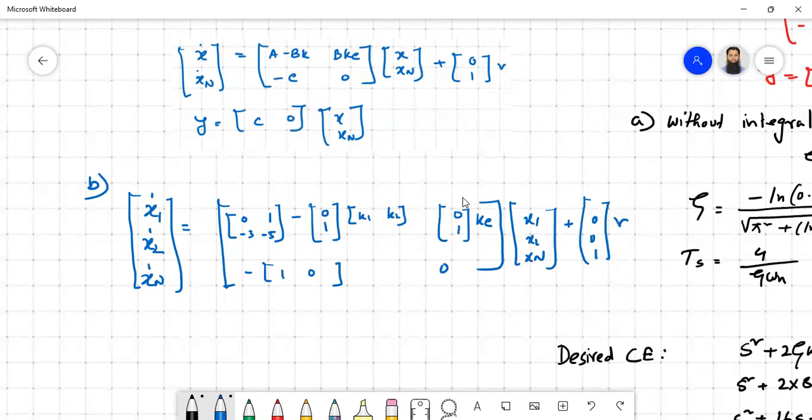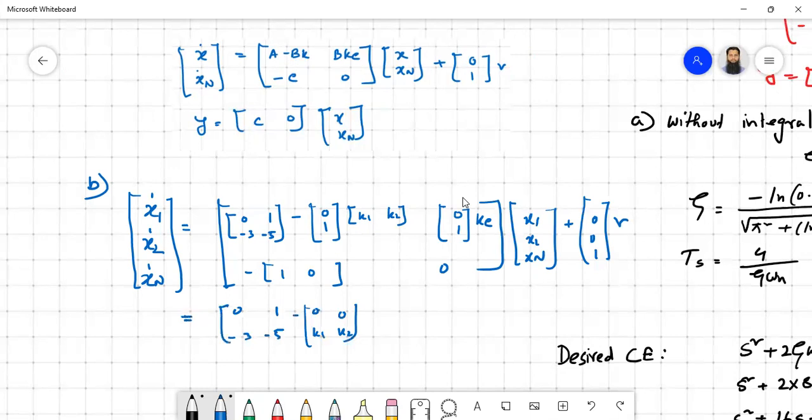Okay, so after doing a bit of simplification, what you are going to see is that it will be 0, 1, minus 3, minus 5, then 0, minus K1, 0, K2, and you have a minus here.